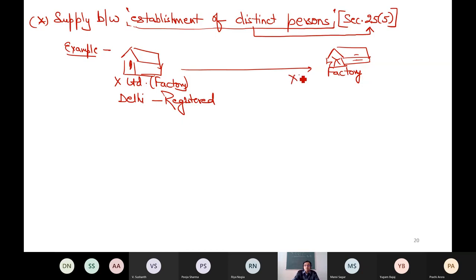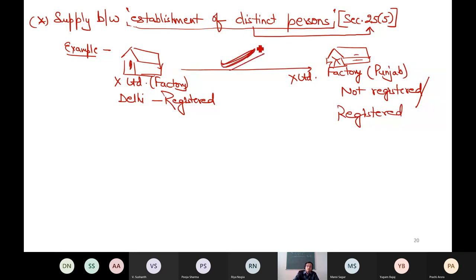X Limited, Punjab, not registered. Still, because in 25.5 one establishment must be registered. It does not matter whether another establishment is registered or not. This Punjab factory can be registered or unregistered, doesn't matter. Still, these two are also known as establishments of distinct persons. Any supply which happens between these two is treated as supply.